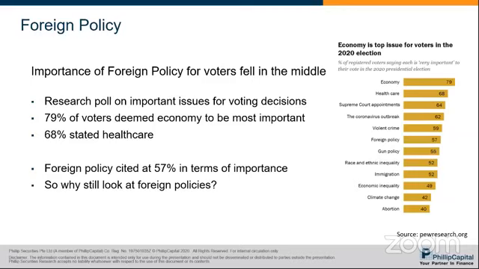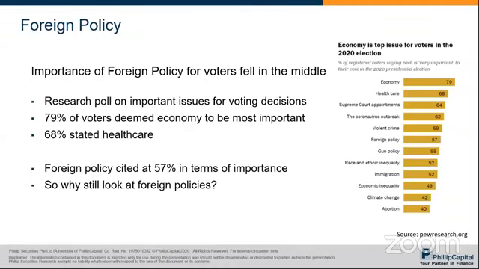So foreign policy fell right in the middle of the spectrum at 57%. So why do we still look at it? Because foreign policy is often intertwined and influenced by domestic considerations such as safeguarding the economy, climate change, or border control, etc.